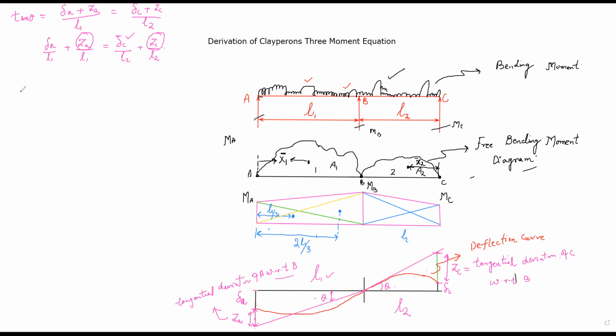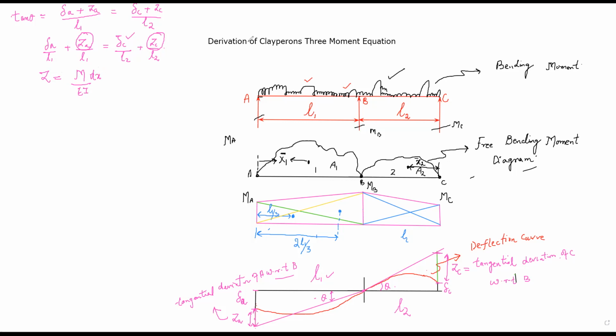And therefore, as far as these Z's are concerned, we know from the second moment area theorem that Z is equal to the moment of the area under the M by EI diagram, that is the integral of M by EI dx.